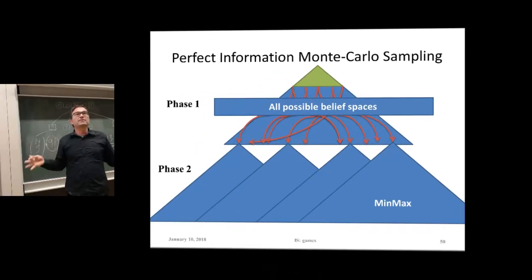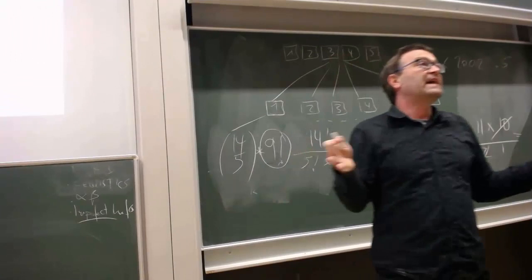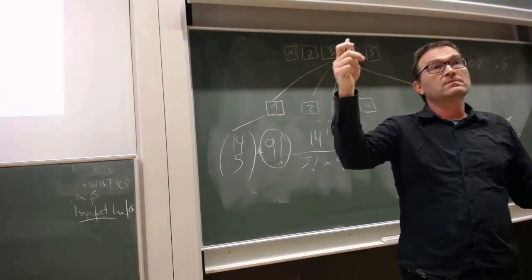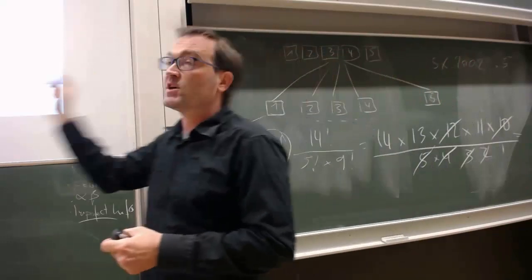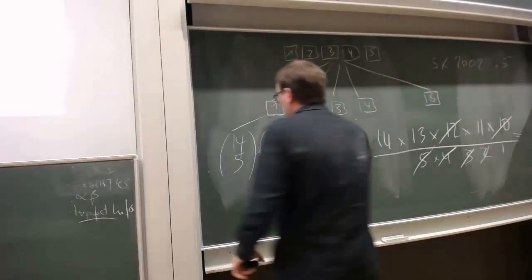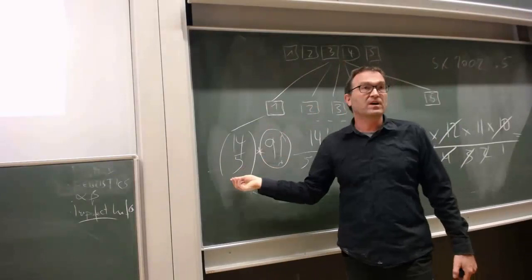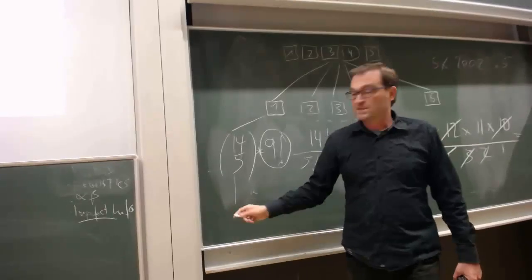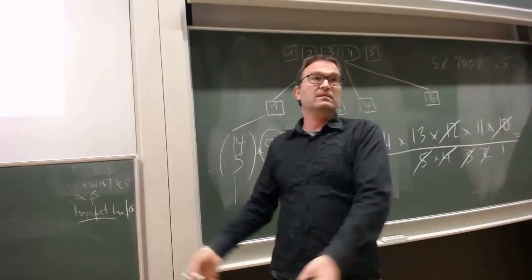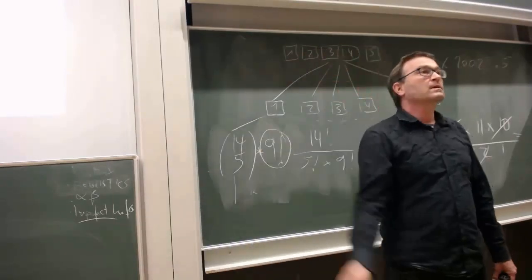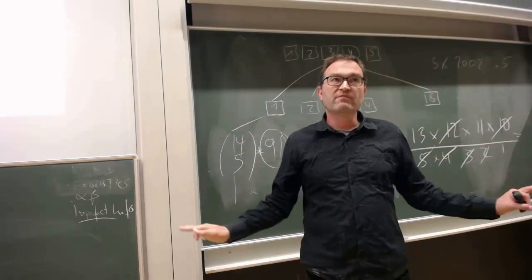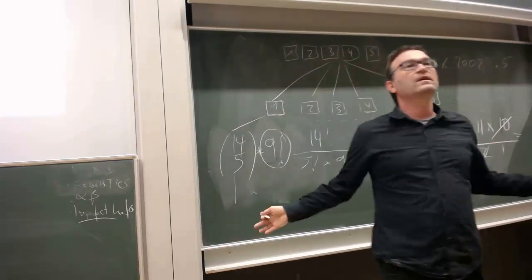a big number of samples that run the game in a random way using possible cards. So we would say, for example, we are in a state, we take one of those belief states. What would be the possible cards our opponent would have? And then we would just run a game in a purely random way, so there would be no intelligence involved.